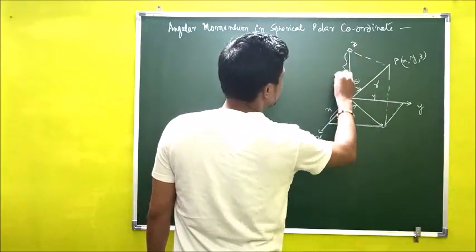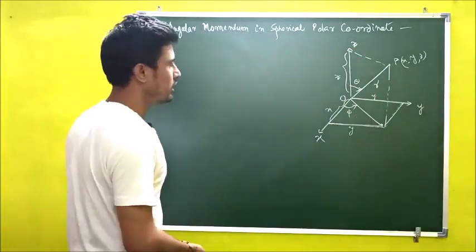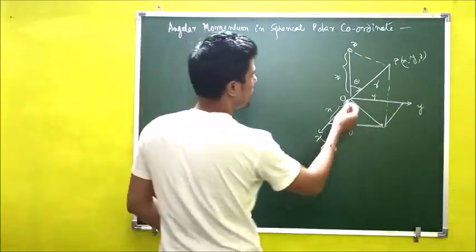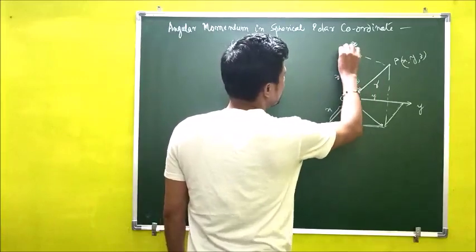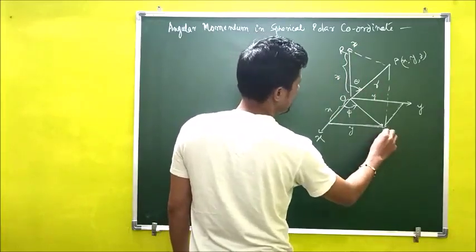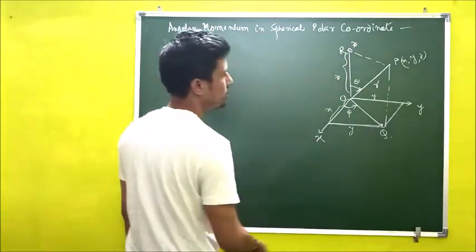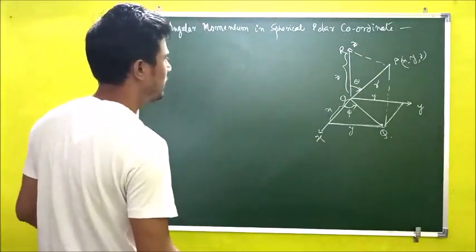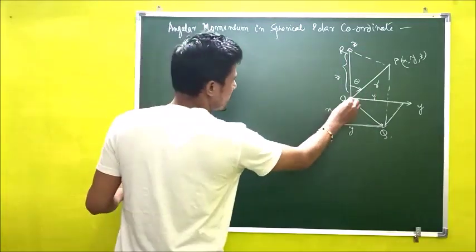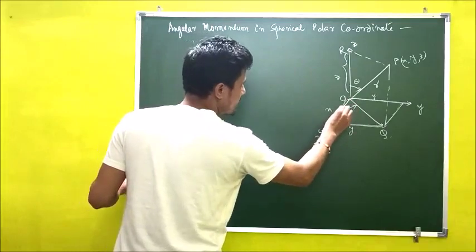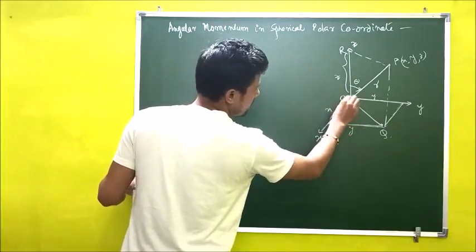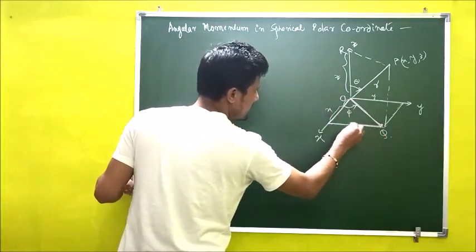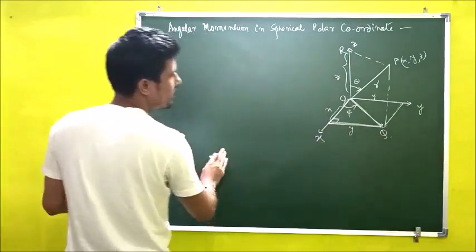This is z. You name this point: this is R, this is Q. Now if we consider the x distance, then consider this right angle triangle.